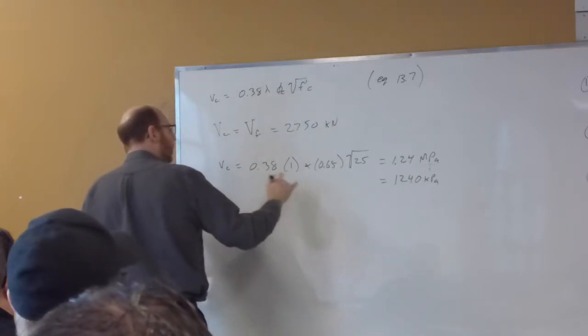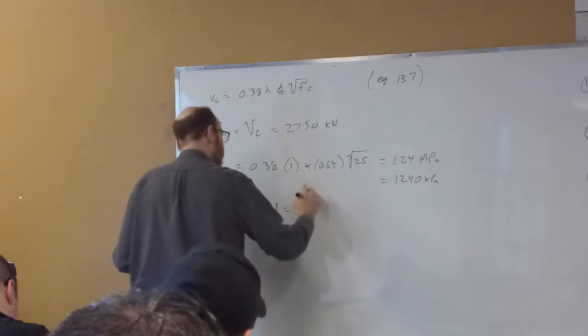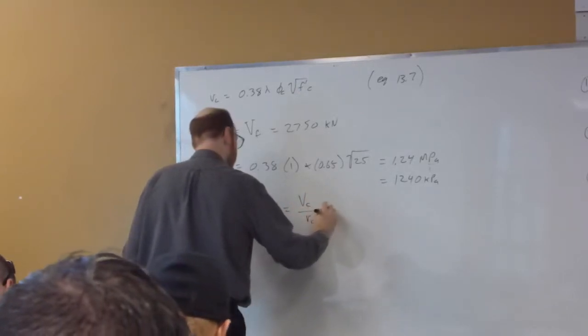So I'm going to plug all of those in, and we end up with d. d is big Vc over little vc.